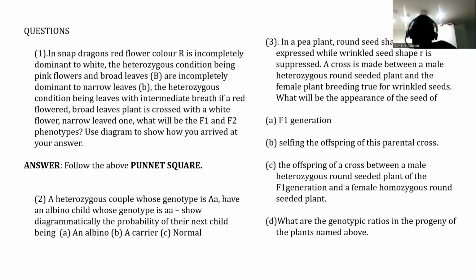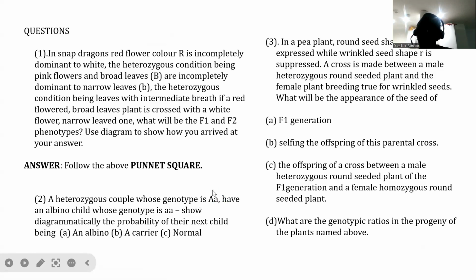Now, what they are trying to say here is what? Heterozygous couple, which means both of them have capital A, small a. Since they are a couple, the two of them have this. If it were individuals, they would say the father has this, the mother has this.